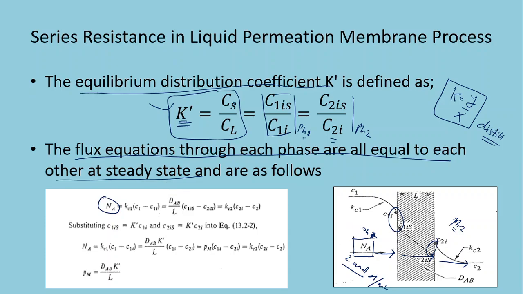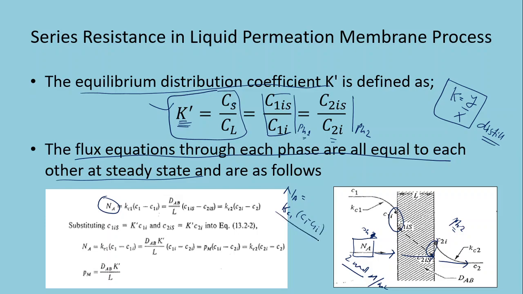In phase 1, NA is equal to Kc1, the mass transfer coefficient, times the concentration difference, C1 minus C1I.